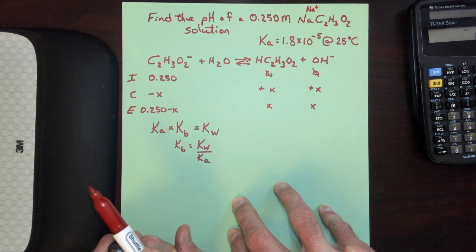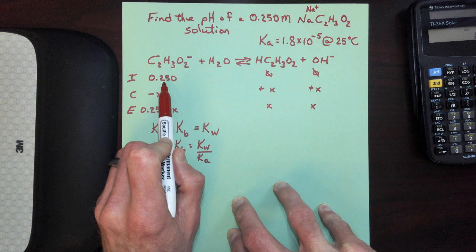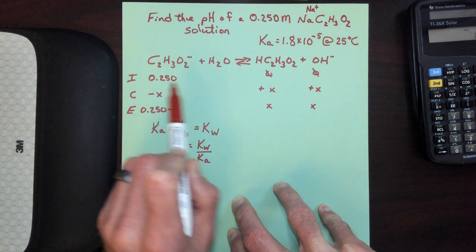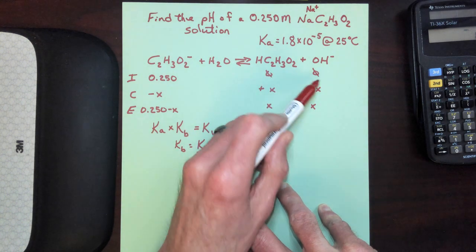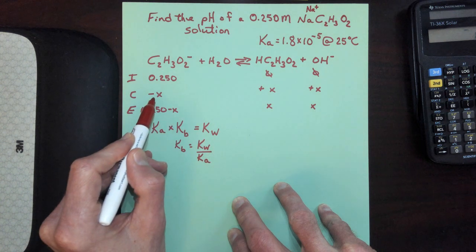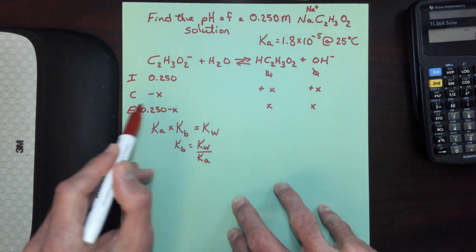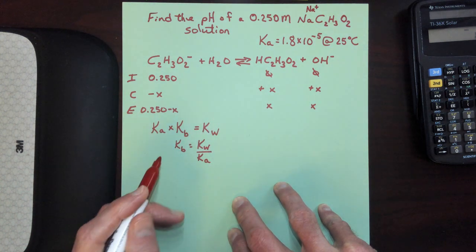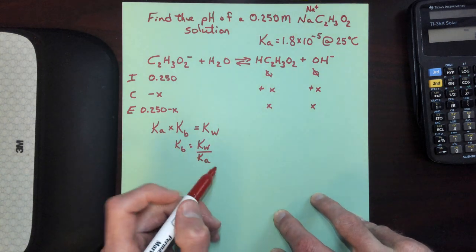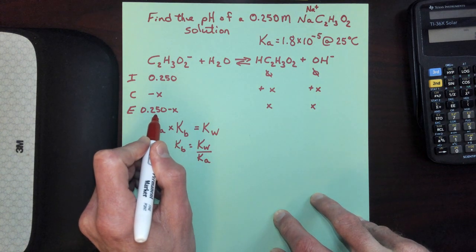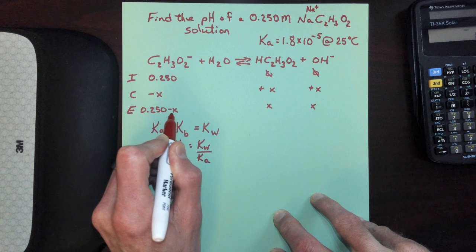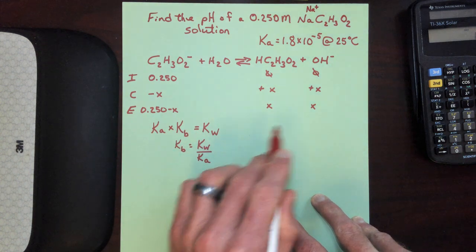The initial molarity is 0.250, 0, 0, minus x, plus x, plus x for the change as the equilibrium is established, and gives us equilibrium values of 0.250 minus x, x, and x.